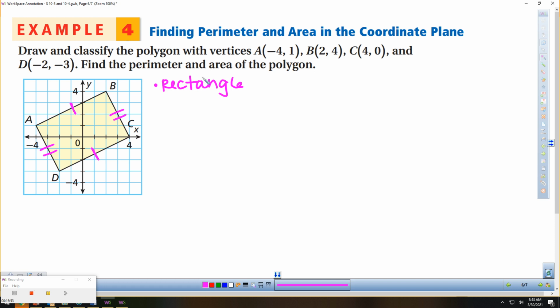And then, what would be the hard way to find the distance between this piece and this piece? What would be the hardest, most annoying way I could find that?